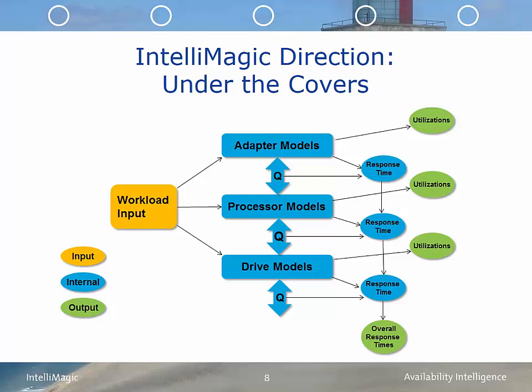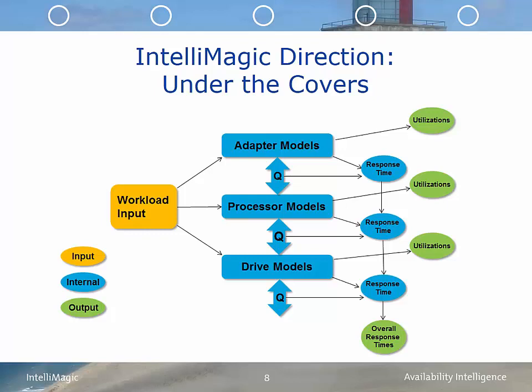There are several sections in this diagram. The yellow section represents workload input. The blue sections are the internal components, and the green represents the outputs. So, to put it simply, the workload comes into the queuing model. There are adapter models, queue time spent at each adapter, and service times spent at each adapter. There are processor models.